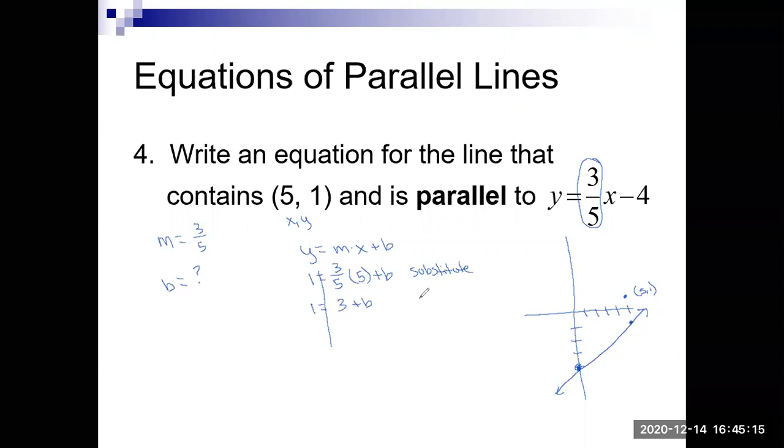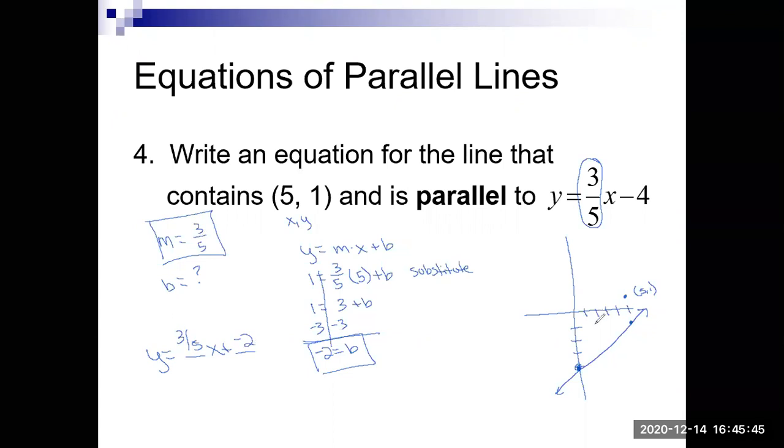So what did I do here? I multiplied m times x. Then to solve it, I have to add the opposite or subtract to get -2 equals b. And then, since it says write an equation for the line, I'm not finished. I then take my information from my slope and my intercept and plug it back into the equation, where 3/5 goes here, and your y-intercept goes here.